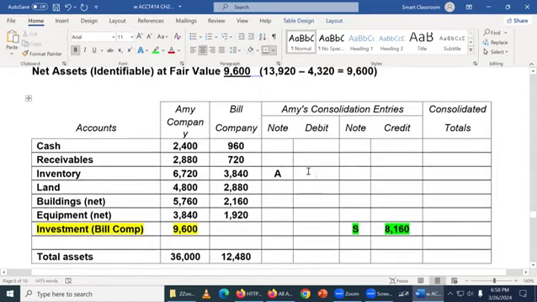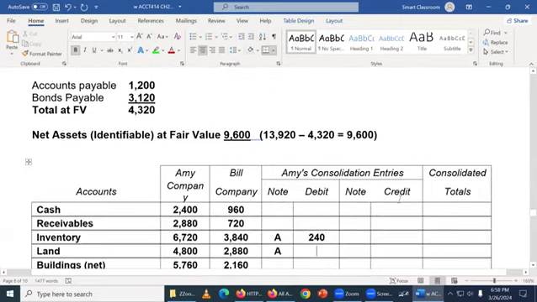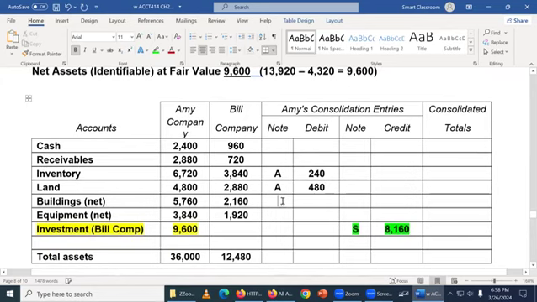240. And we do assets, we have land, which was 480. It does equal out to this. Oops, so that's 720.